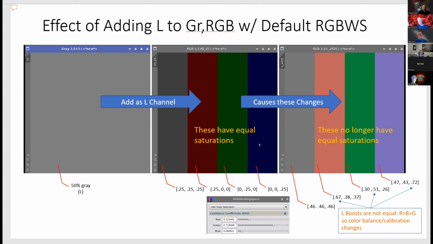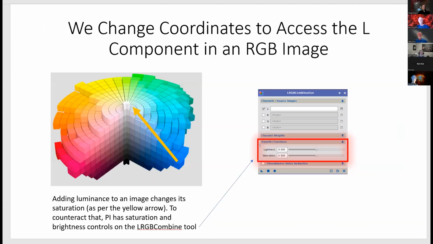For one thing, adding a lot of L subs together suppresses noise. That would happen too, but it also has this detrimental effect of changing our colors, particularly color saturation. As I said before, we go through RGB to XYZ to LAB, for instance, in order to add the L to the RGB.